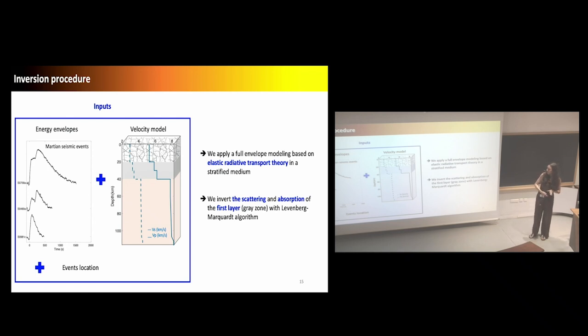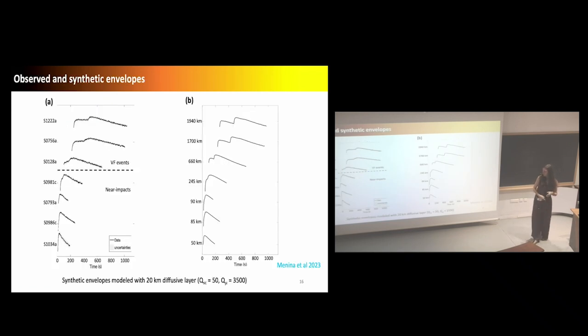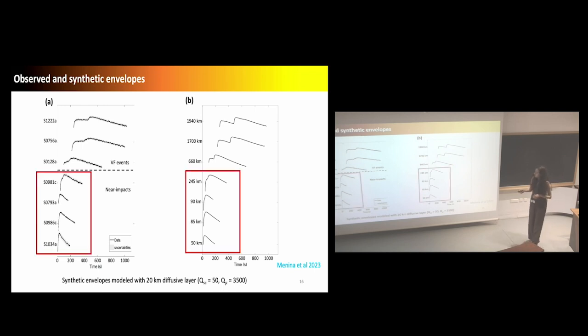And so this is the result that we obtained. You can see here the very high frequency event, and here the near impact. So this is the real data, and this is the synthetics. And what we observed is that with a diffusive layer of about 20 kilometers, we can retrieve pretty well the shape of the envelopes for the near impact, as you can see here.